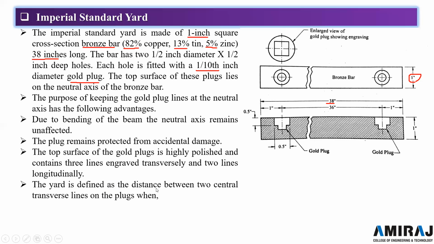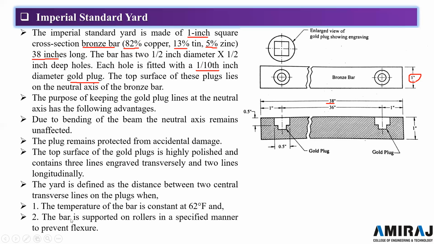The yard is defined as the distance between the two center transverse lines on the plug when, first, the temperature of the bar is 62 degrees Fahrenheit, and second, the bar is supported on rollers in a specified manner to prevent flexure. ये 1 yard हम कैसे डिफाइन करेंगे? द डिस्टेंस बिटवीन द सेंट्रल ट्रांसवर्स लाइन.